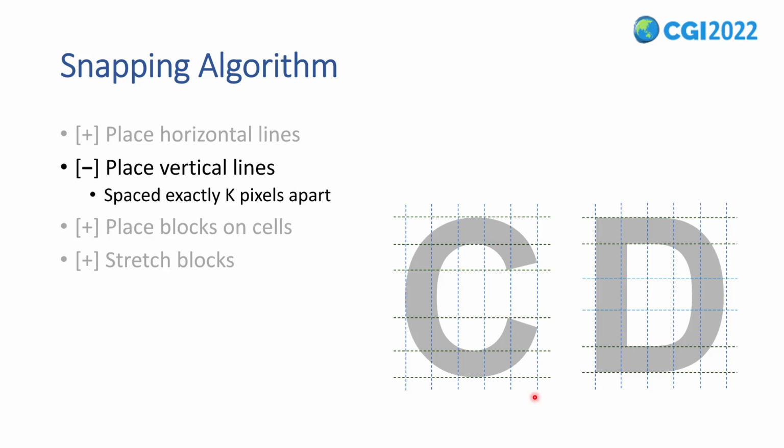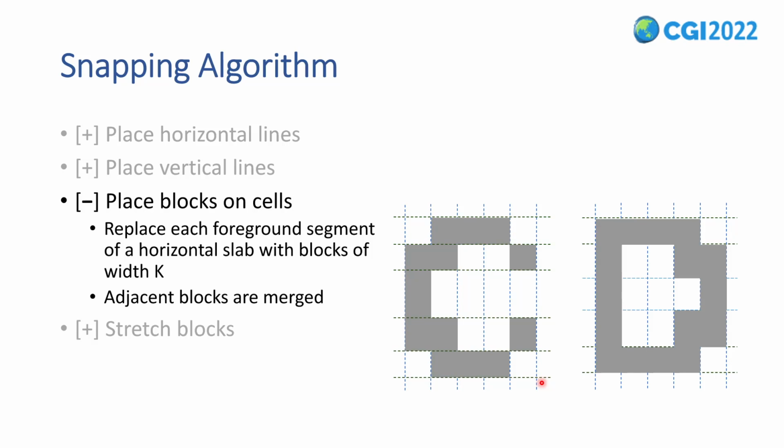In the next step, we place vertical lines that are spaced exactly k pixels apart, and this is the important step where we can define the blocks. Then we place blocks on the rectilinear grid. We replace each foreground segment of a horizontal slab with blocks of width k, and any adjacent blocks are merged.